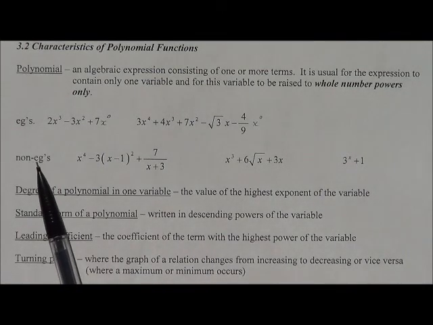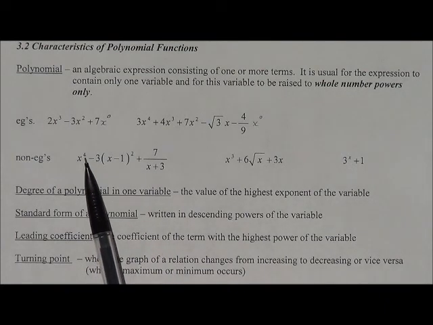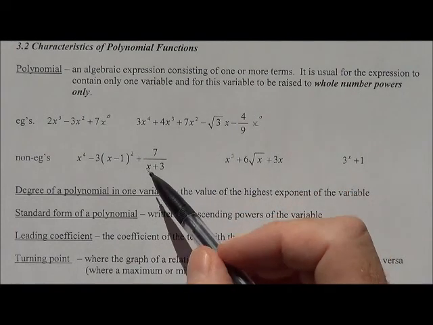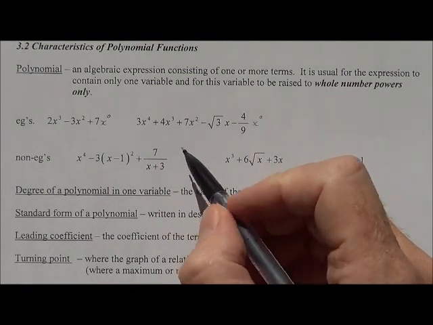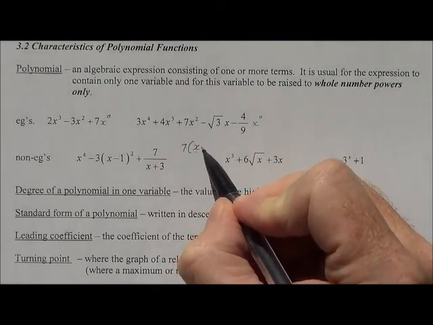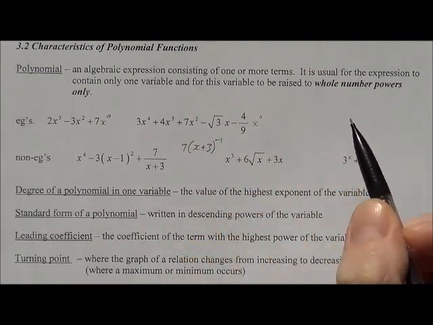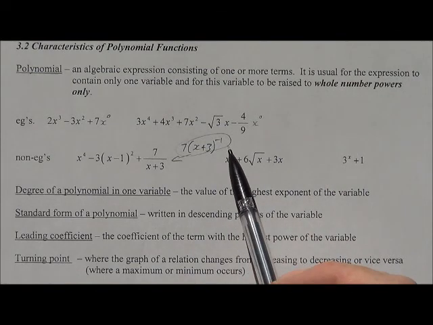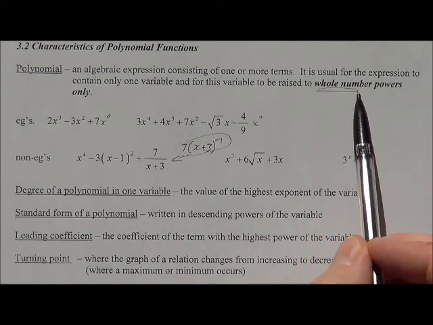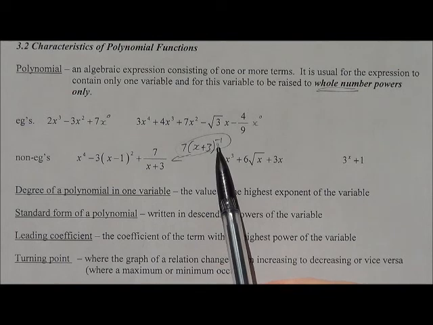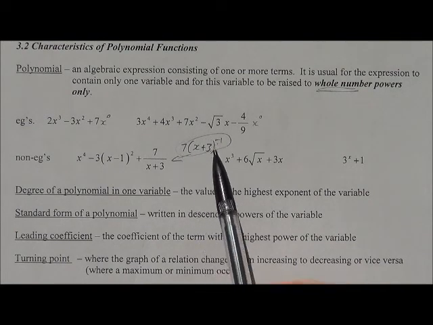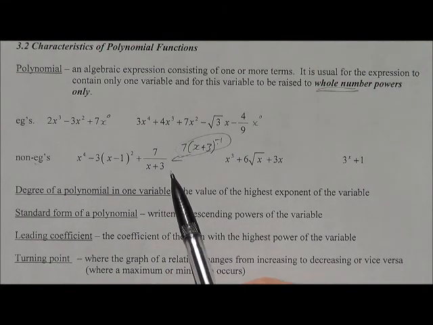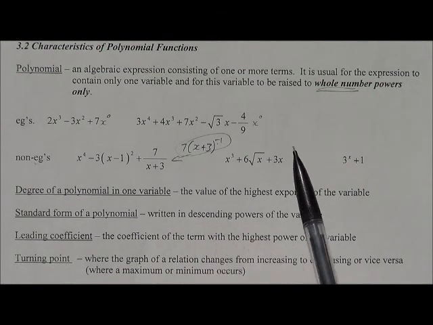Now, take a look at these non-examples. Here we have x to the power 4, here's a squared, but in this case, another way of writing this term would be 7 times x plus 3 to the negative 1. That's another way of writing this term right here. As you can tell, that is not a whole number power, it's an integer, and so that is part of the non-examples of polynomials.